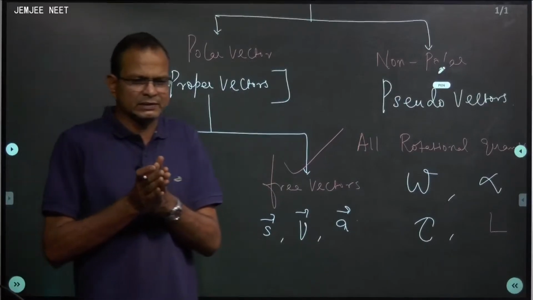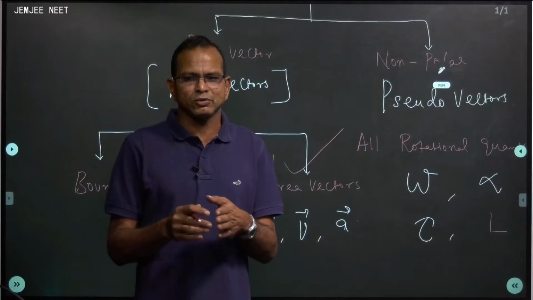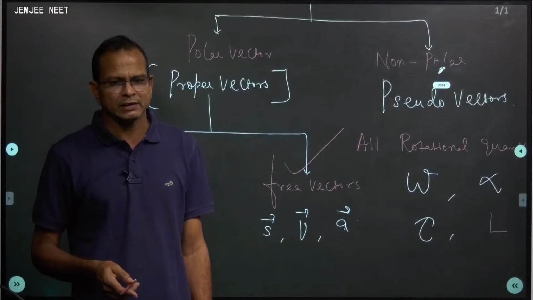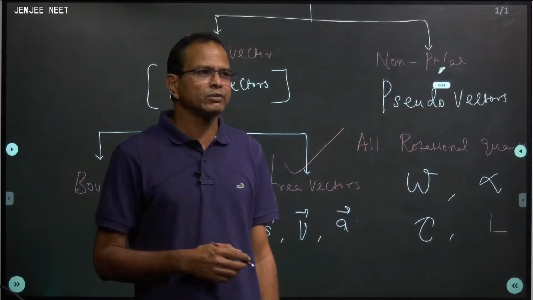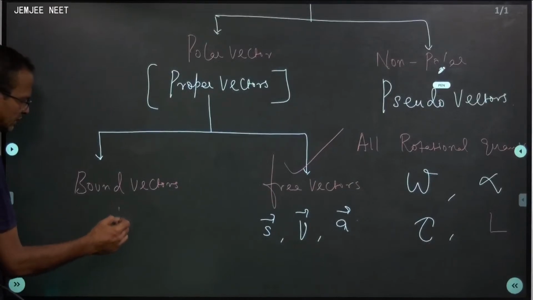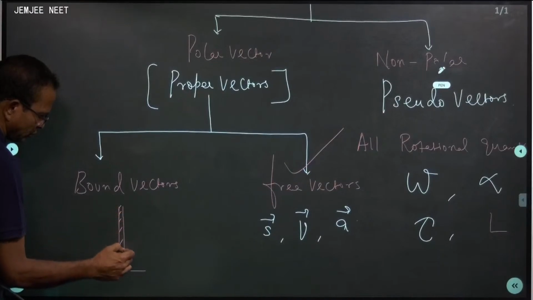There are some vectors which in some situations remain bound. You may not be able to move them parallel to themselves. For example, there is a pole.